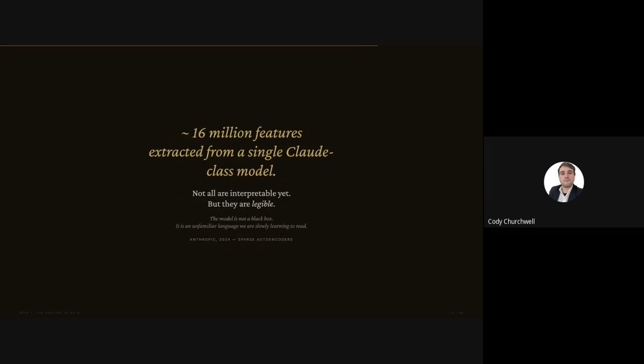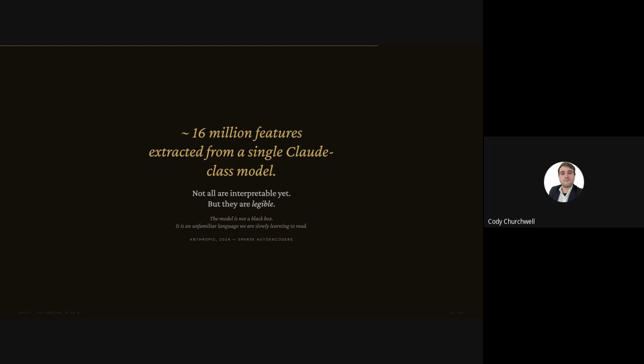So, how do we catalog them? The sparse autoencoder is the technique that lets us extract features at scale. It's an auxiliary neural network trained to decompose a model's internal activations into a long, sparse list of features. Most features are zero at any given moment.